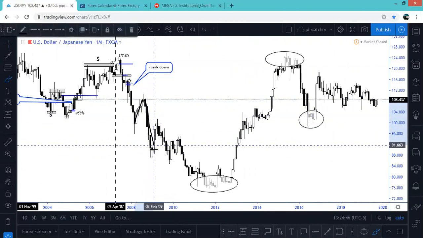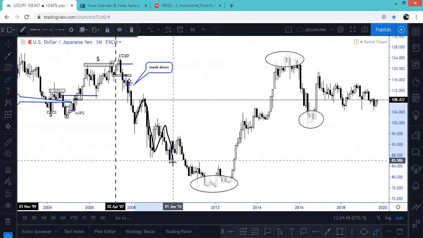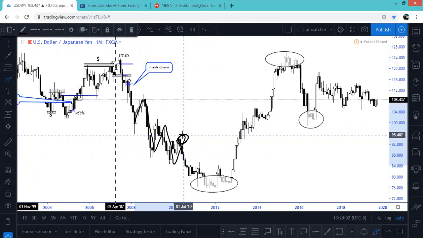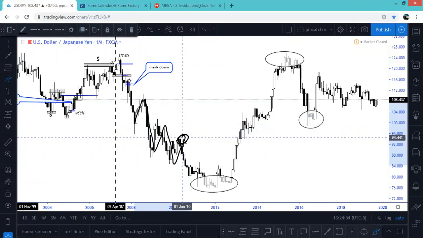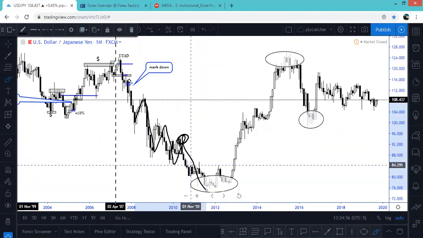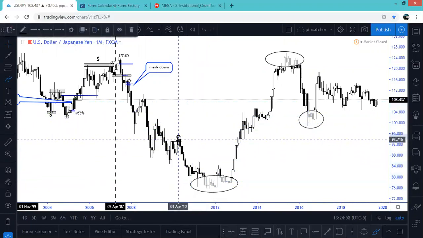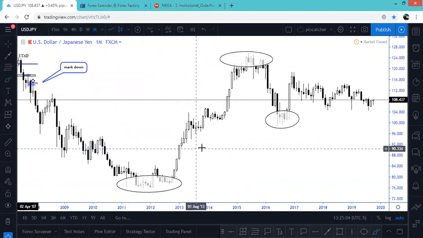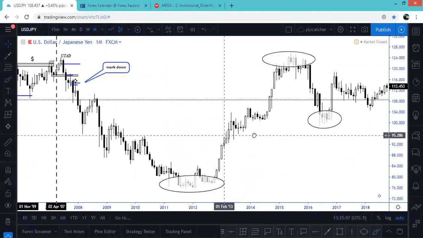So 1, 2, 3, 4, 5. We get to that 5th lower high, and we make this last drop. Okay, so we come down to here.